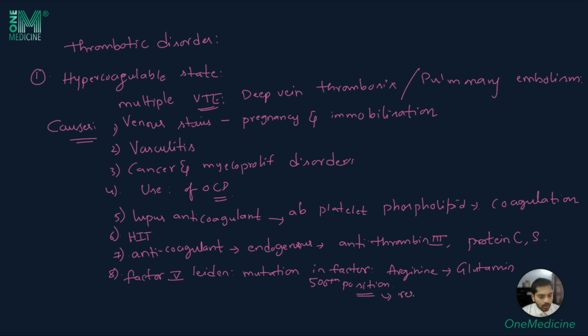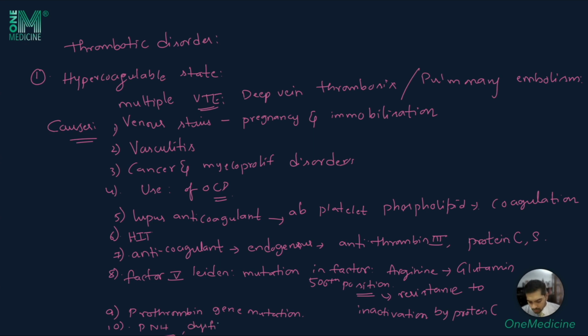This leads to resistance to inactivation by protein C. Other causes include prothrombin gene mutation. Rare causes are paroxysmal nocturnal hemoglobinuria, dysfibrinogenemias, that is abnormal fibrinogen.